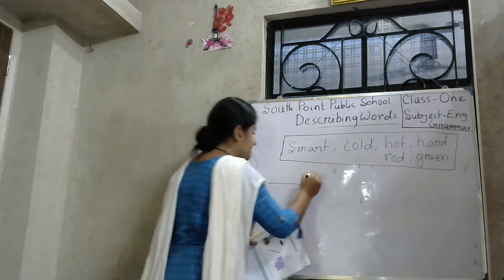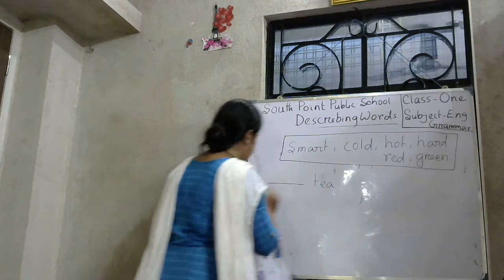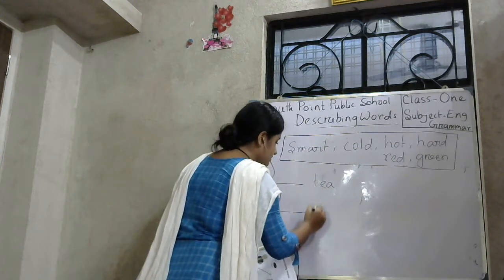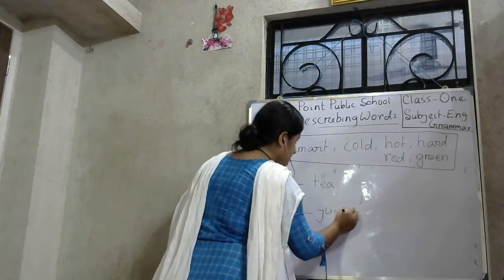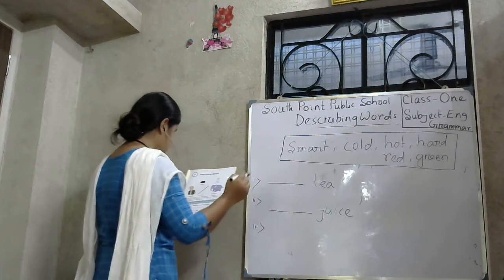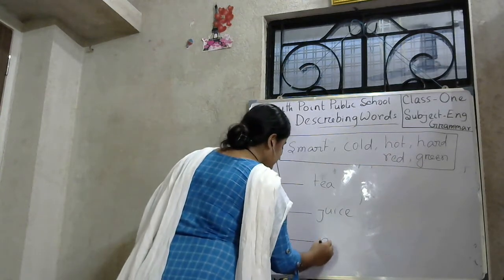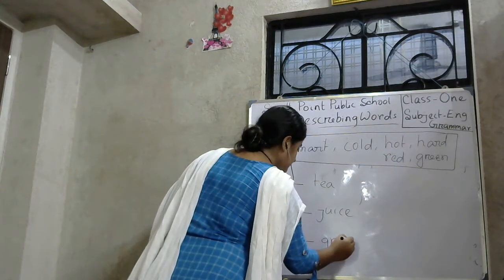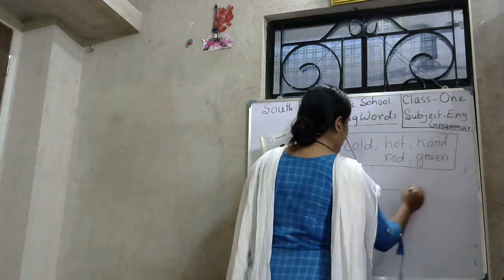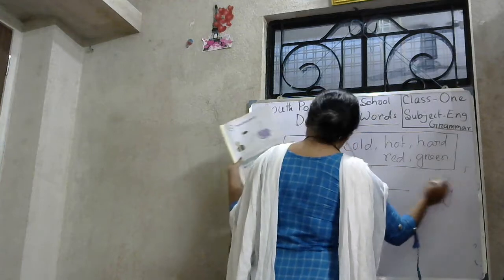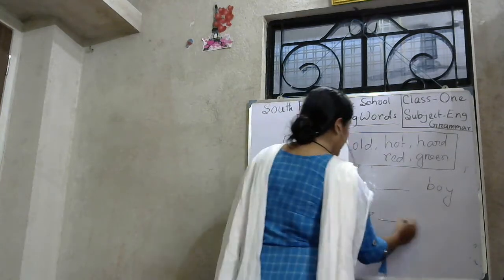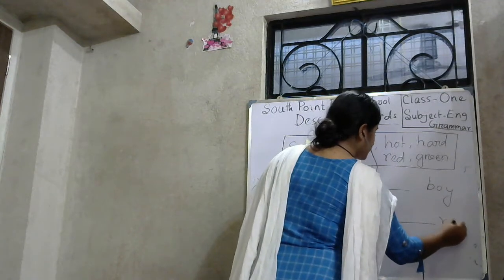The first is dash tea. Number 2 is dash juice. Number 3 is dash grass. Number 4 is dash boy. Number 5 is dash rock, R-O-C-K.